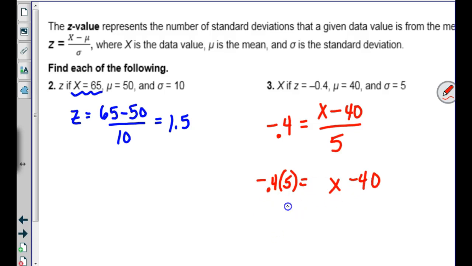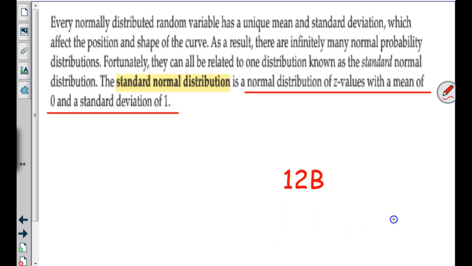Negative 2 plus 40 would be 38. Is that right? Okay. So if the average test score was 40, and you knew you were negative 0.4 of a standard deviation below that, then your score would have been a 38. Just an example of why you would use that.